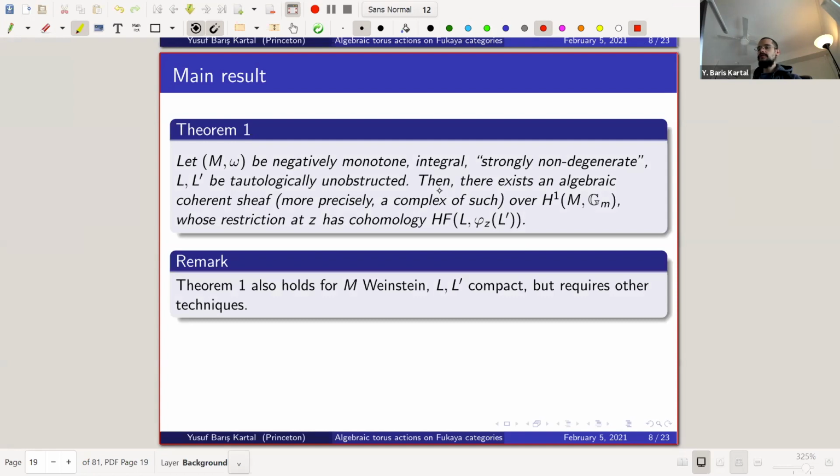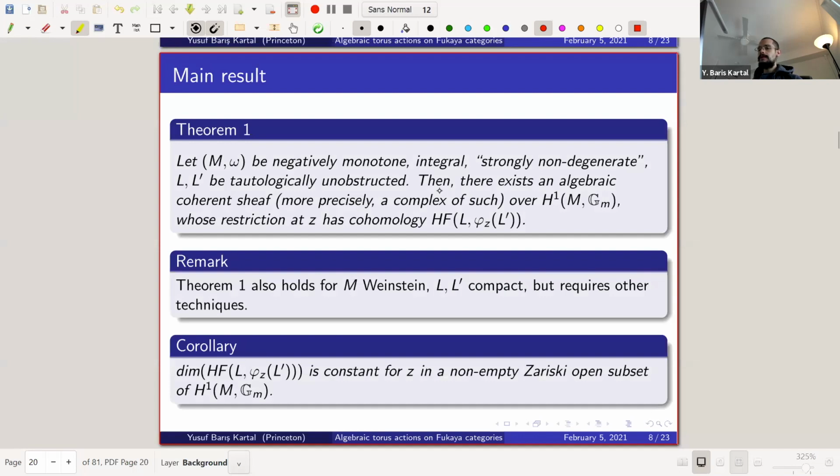Quick remark. I won't tell why, but if M is Weinstein and L prime are compact, the theorem still holds, but requires, I shouldn't say other techniques, but maybe further techniques. This is related to infinite dimensional Floer homology groups appearing in the Fukaya category. And I'm going to present a bunch of corollaries of the theorem that look more geometric. So the first corollary: you have this family of Floer homology groups, and you can just focus on the set theoretic family at this point, parameterized by the algebraic torus H1 MGM.